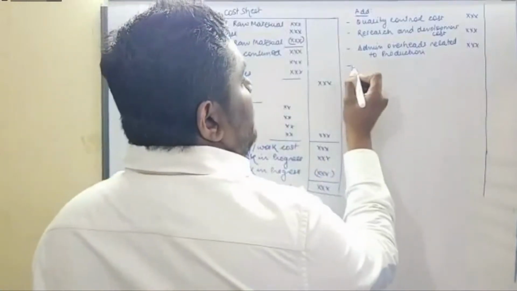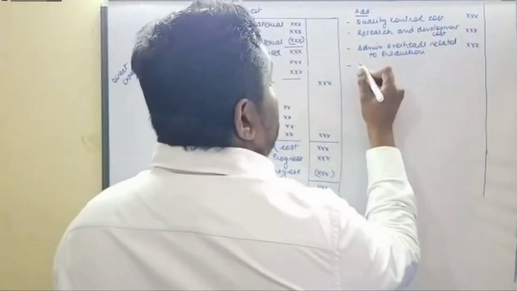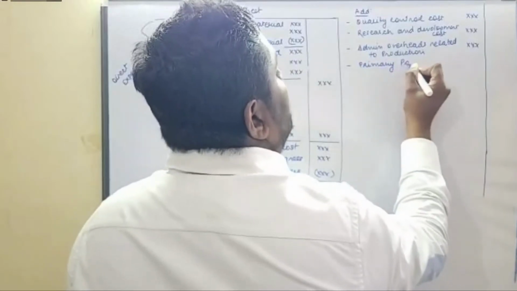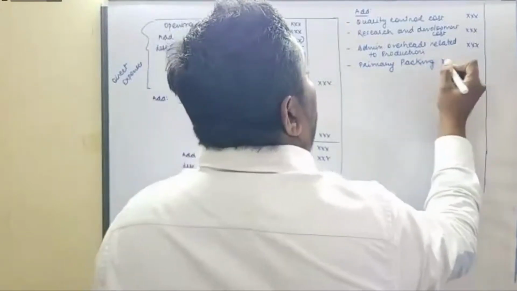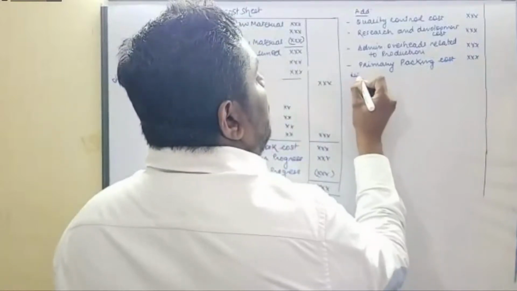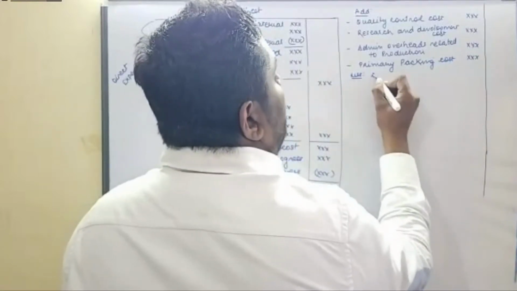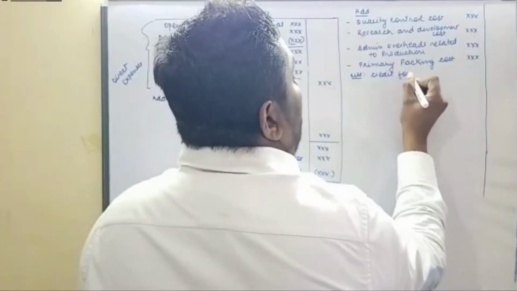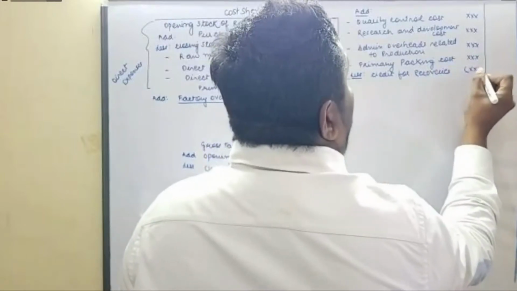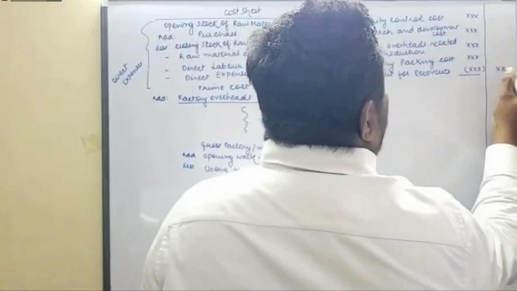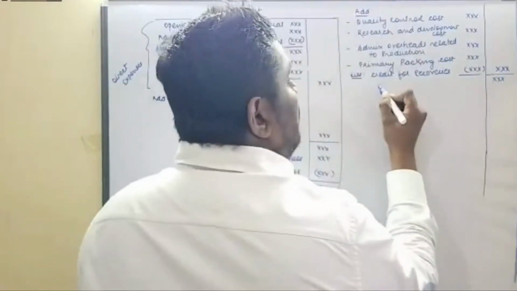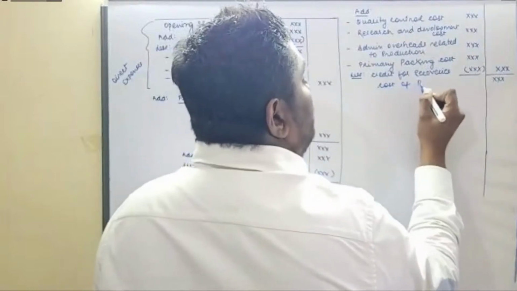Further, we will add primary packing cost, and we will deduct credit for recoveries. The total will be transferred to the outer column, and this is how we will get cost of production.